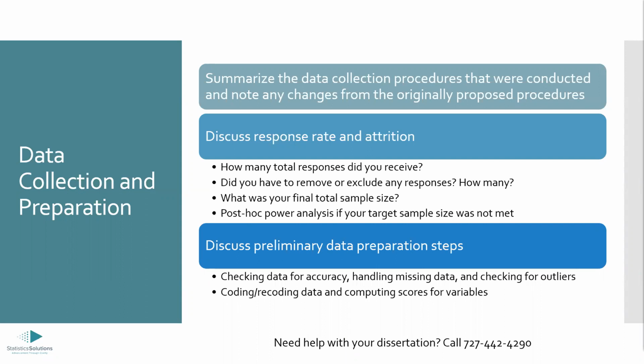You'll also want to discuss in detail how you're handling any missing data. So it's very likely that when you collect your data that you'll have some missing responses or some missing values in your data set. So you'll want to discuss very specifically how you're going to handle those. So are you going to just exclude any participants who are missing any responses and only include people who provided full responses?